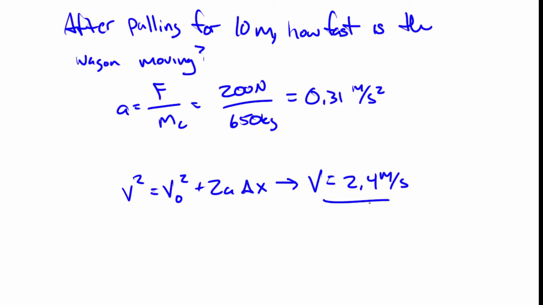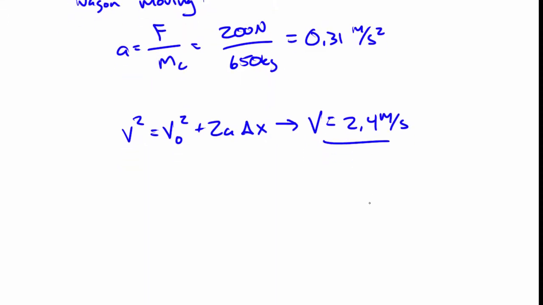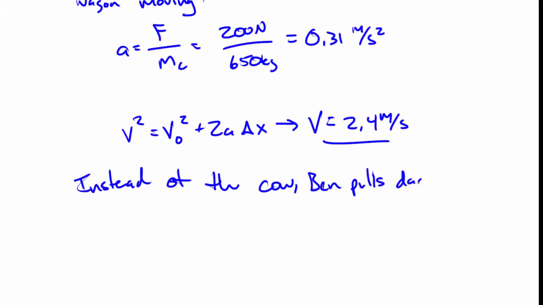Well, that's fine, but what happens if we change this problem just a little bit? So let's say now instead of the cow, Ben pulls his dad. I guess that's me. All right. Well, dad weighs less than the cow.